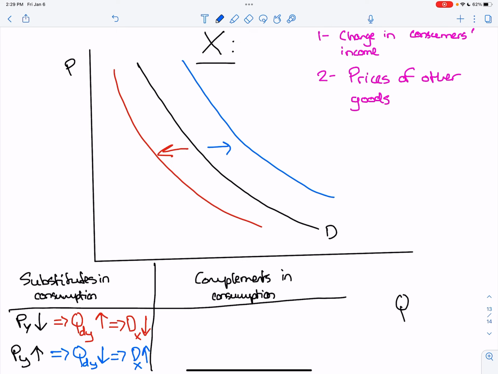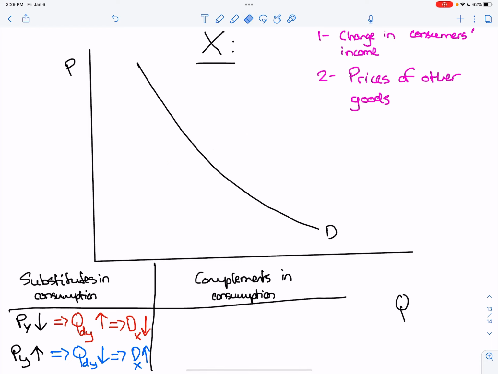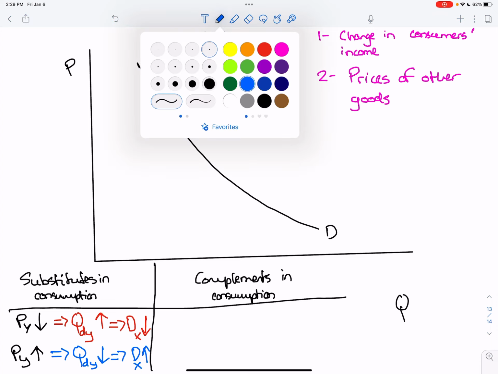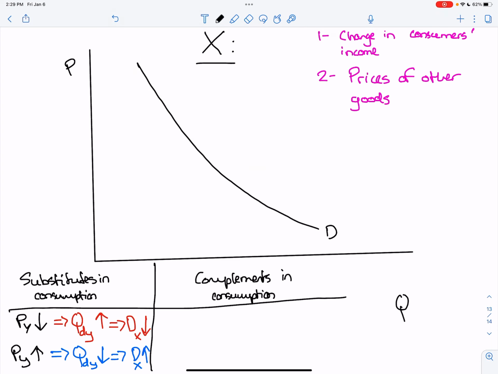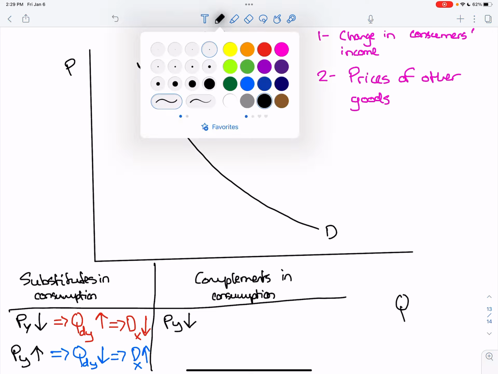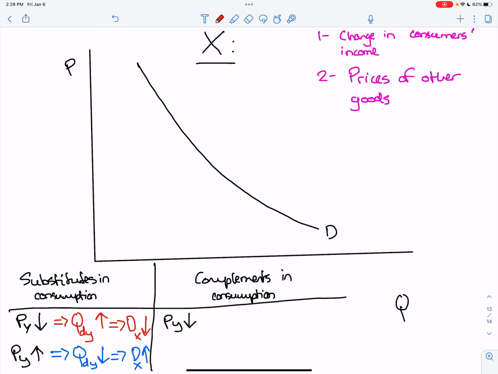Okay, now I'm going to go through the logic of complements a little bit more quickly, but really, I think once you get the hang of one of them, you'll get the hang of both of them. So now let's say that X and Y are complements, and the price of Y goes down. Well, this will, as usual, by the law of demand, cause the quantity demanded of Y to go up.